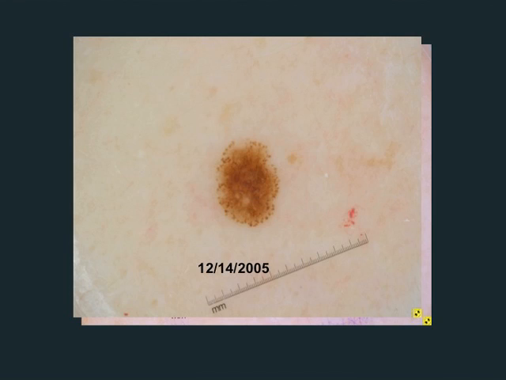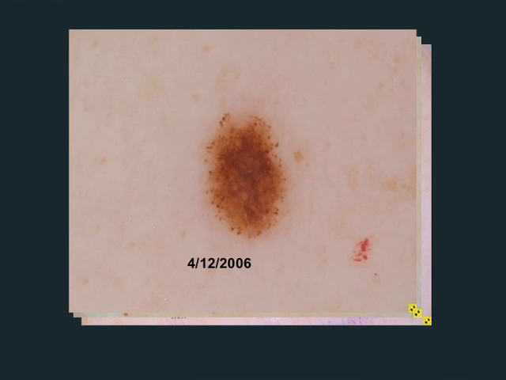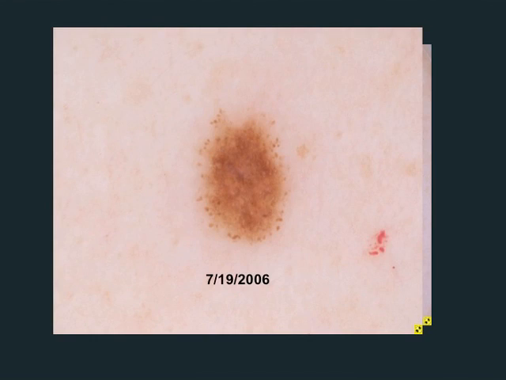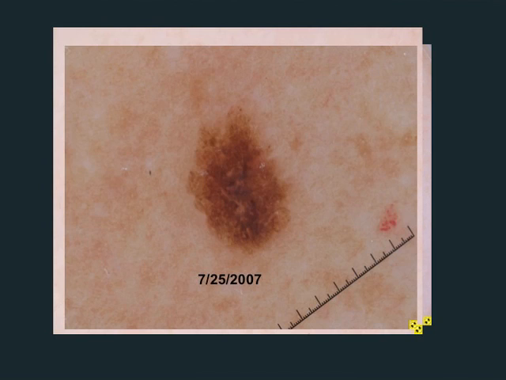This lesion will slowly become symmetrically larger. The globules will become smaller and smaller, lighter in color, till the nevus enters senescence, at which point the peripheral globules will no longer be visible, and the lesion will either manifest a homogeneous brown color or will manifest a network. So that's the normal growth process of a nevus.